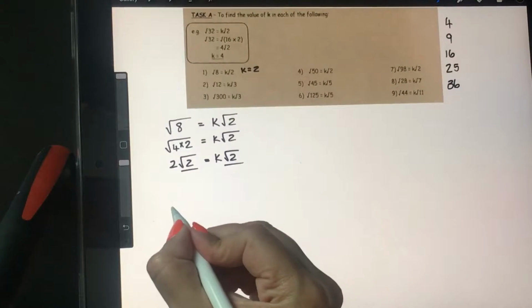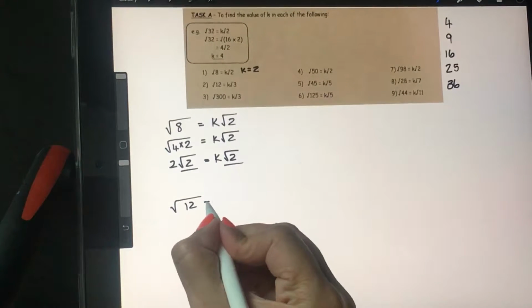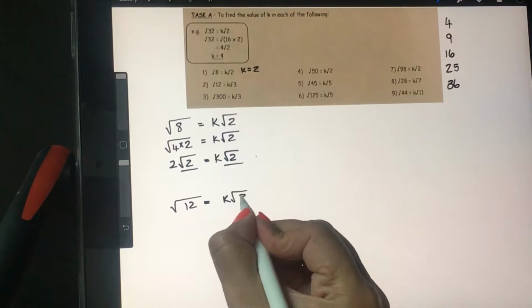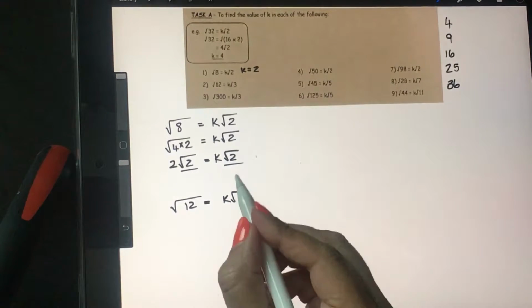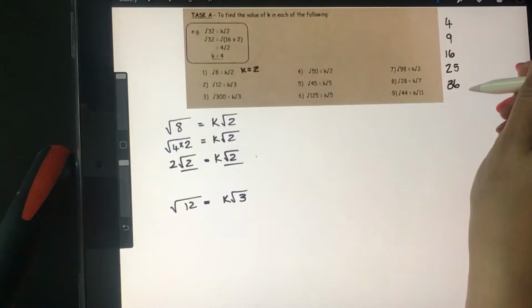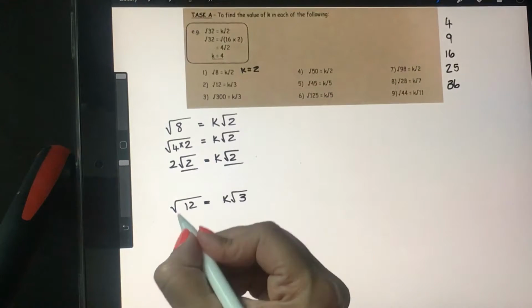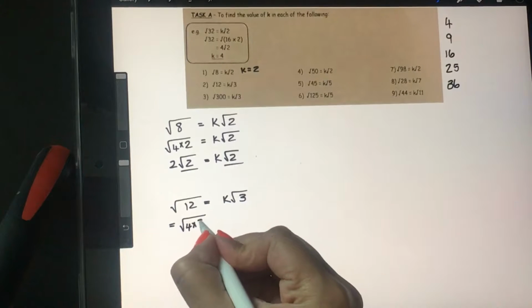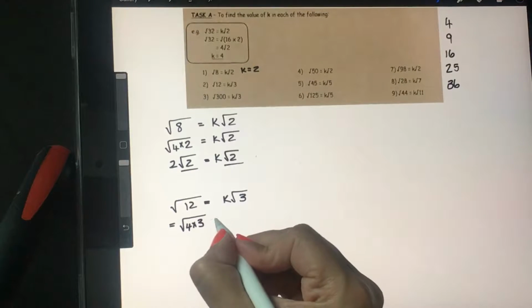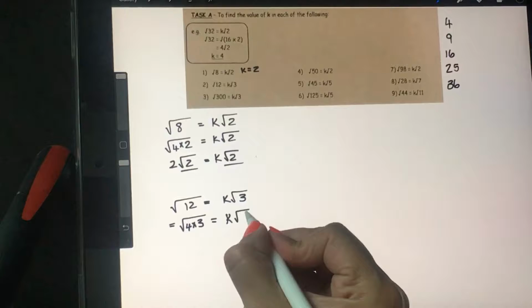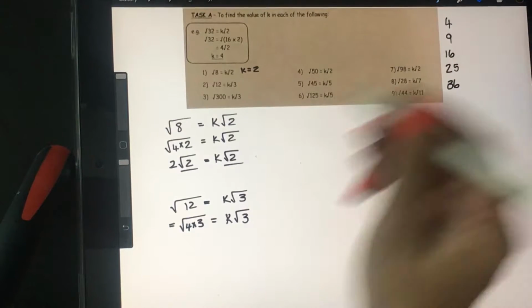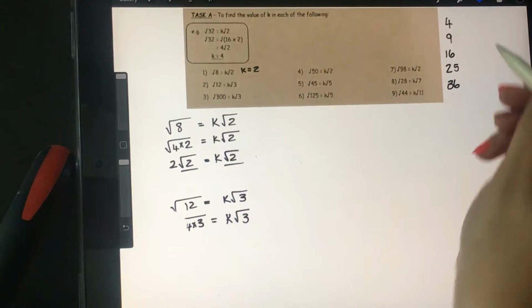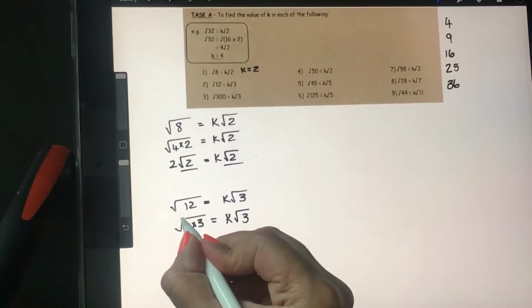For number 2, we've got root 12 is equal to k root 3. Now, what is the biggest square number that can divide into 12? That will also be 4. So we're going to get 4 times 3 is 12 is equal to k root 3.